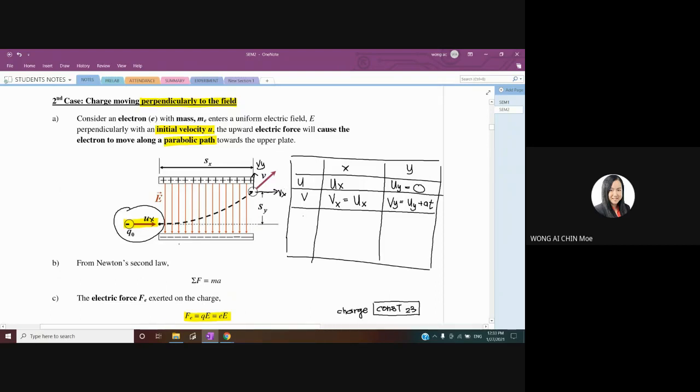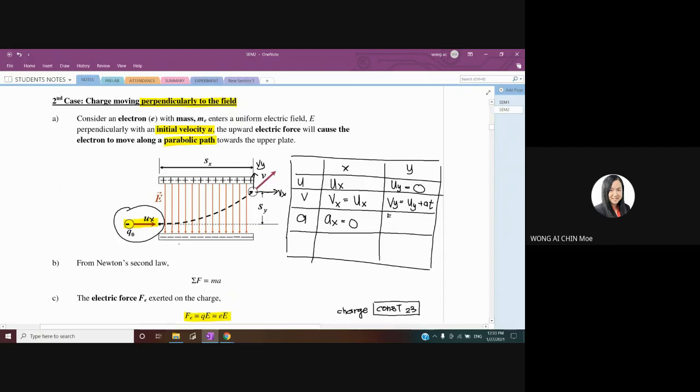Next is the acceleration. For ax equals 0. Why? Because there are no forces acting on the x component, and vx will always equal ux. So that's why the acceleration for the x component is equal to 0. But for the y component, because there is a force acting, the charge accelerates.